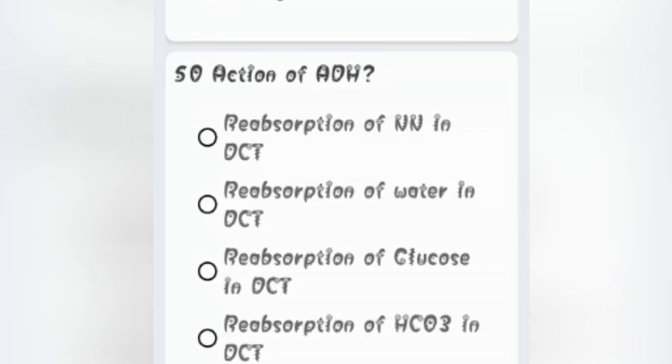Option A reabsorption of anion in DCT, distal convoluted tubule, option B reabsorption of water in DCT, option C reabsorption of glucose in DCT, and option D reabsorption of HCO3 in DCT. The answer of this question will be reabsorption of water in DCT, that is option B.